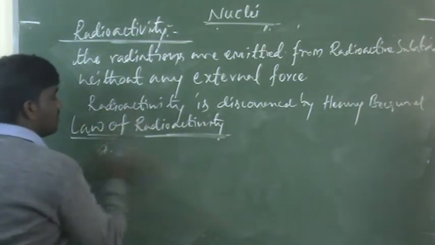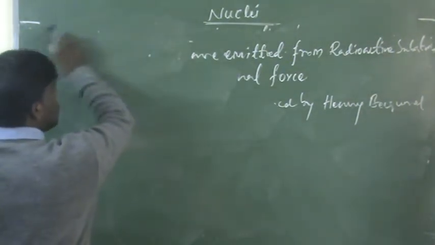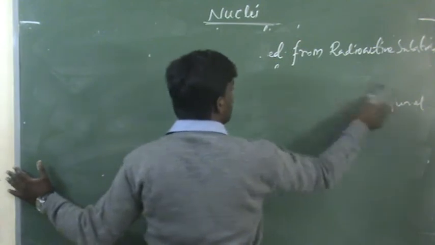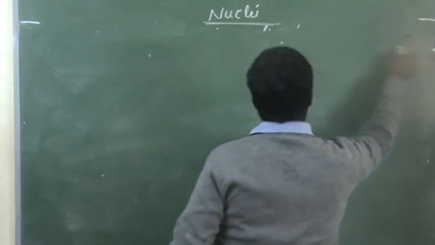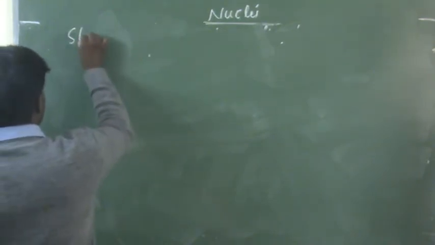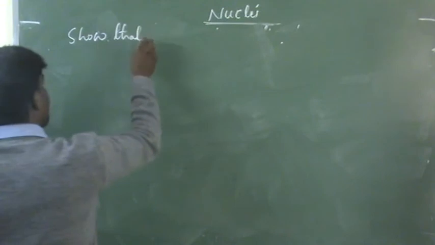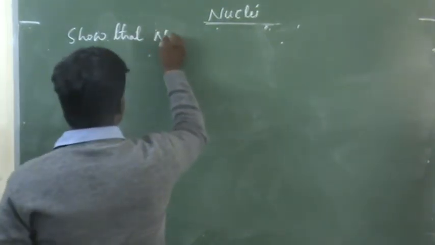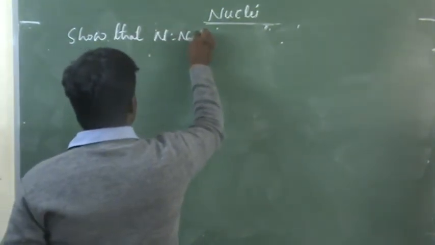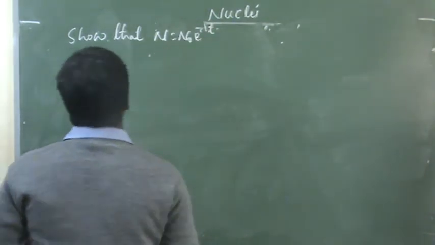Let me derive, or show that N equals N naught e to the power of minus lambda t.